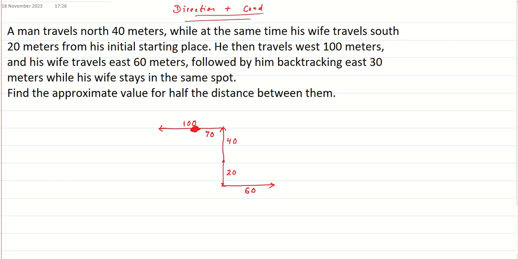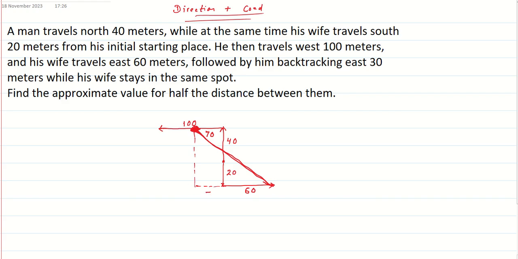Now the question is, find the approximate value of half the distance between them. Which means what? From here to here, is that, no? So how do we do it? Can you stretch this line up to here and it will make a right angle triangle?